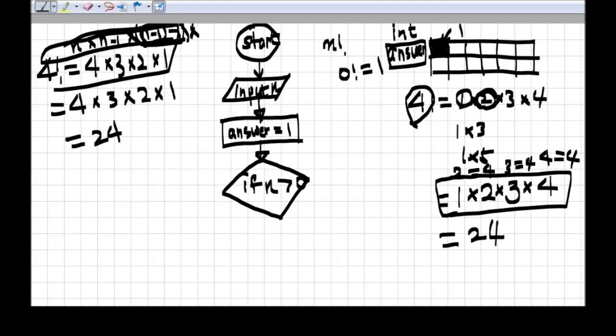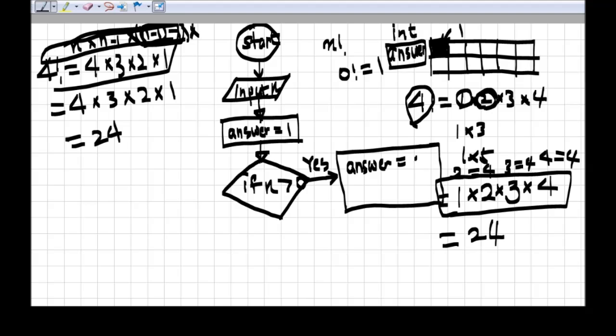So if n is bigger than 0, if that's yes, I'll come here. And what do I do? Answer is answer times n.